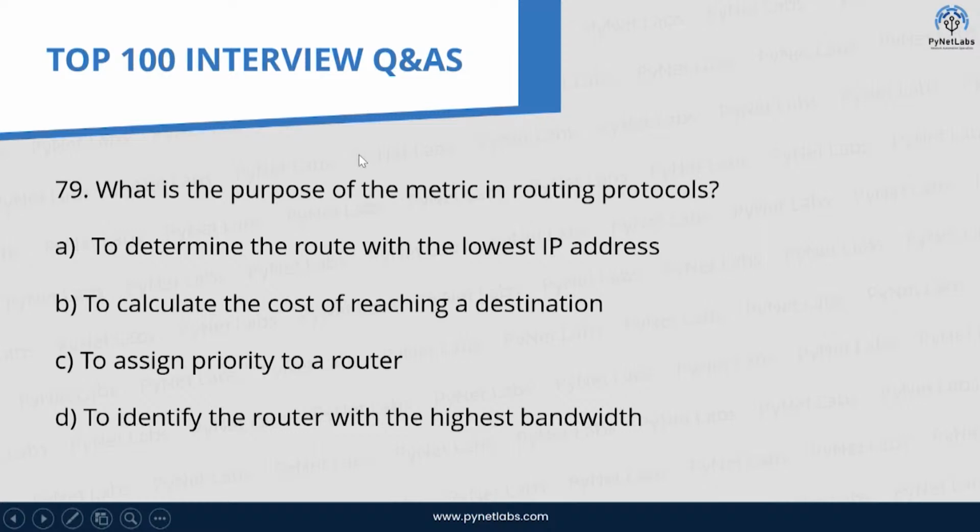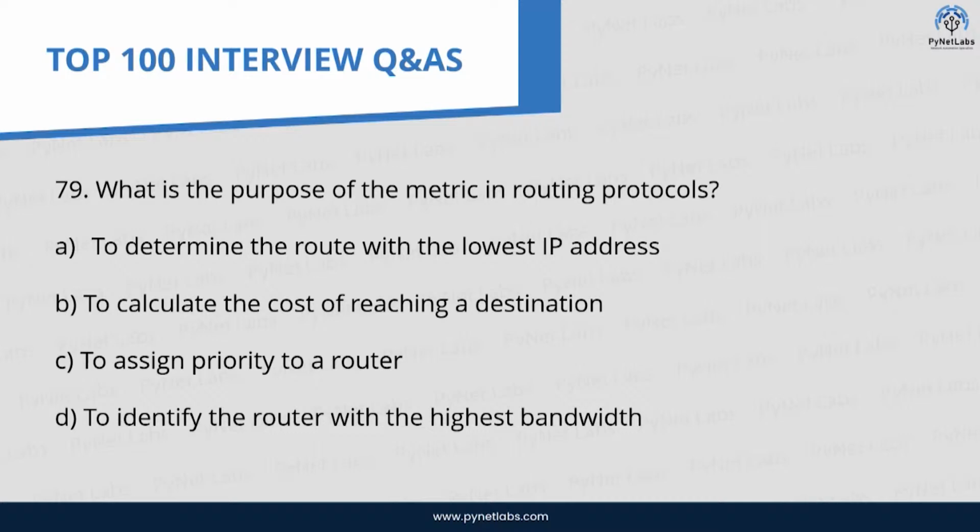Now, what is the purpose of metric in routing protocols? To determine the route with the lowest IP node, to calculate the cost of reaching the destination, to assign a priority to the router, to identify the router with the highest bandwidth. See guys, the metric is a term that is used in routing protocols, and what's the purpose of that? Every routing protocol is going to have a unique metric, right?